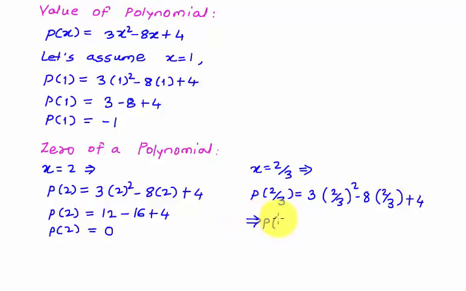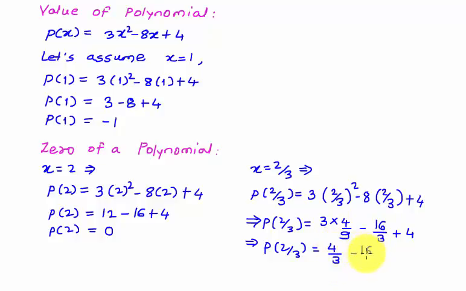Therefore p(2 by 3) is equal to 3 into 2 square is 4 and 3 square is 9, minus 8 into 2 is 16, 16 by 3, plus 4. That means p(2 by 3) is equal to, so 3 threes are 9, so this can be reduced to 4 by 3 minus 16 by 3 plus 4.